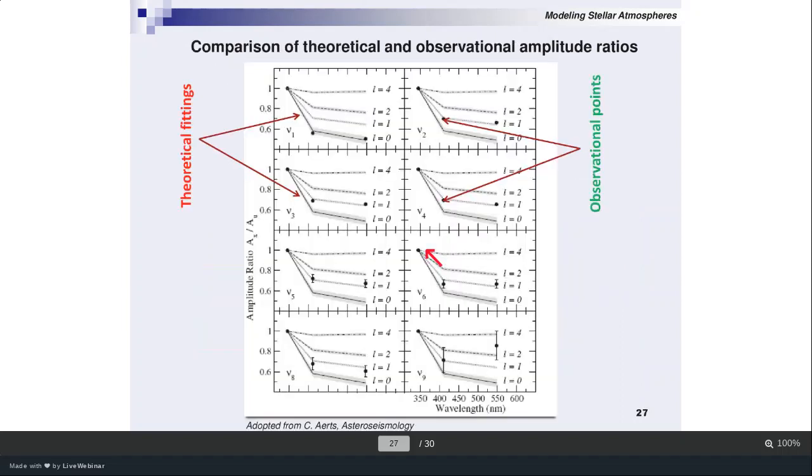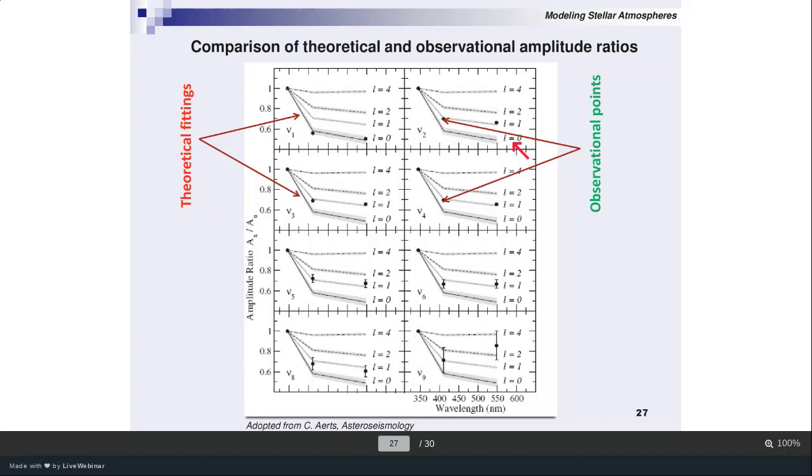So let me show you. These are the amplitude ratios you compare with the observation. These dots are the observations in the three bands, B, V, R. These are the theoretical lines. See that this line is L equals 0, this is L equals 1, L equals 2.